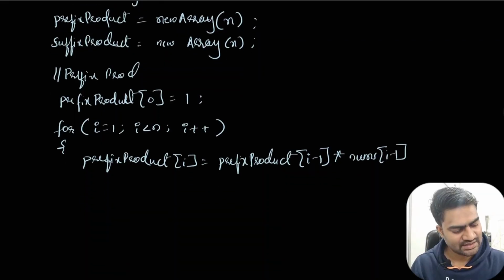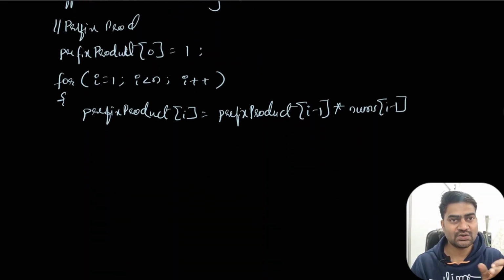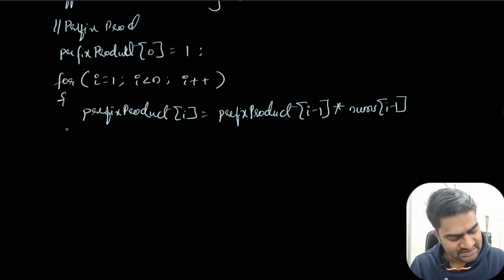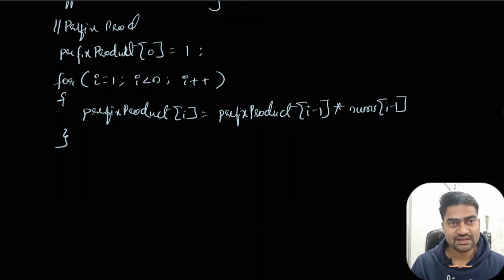Correct, right? So that's what we did. We took the previous number and its prefix product and then we multiplied. So this will give us the prefix product.